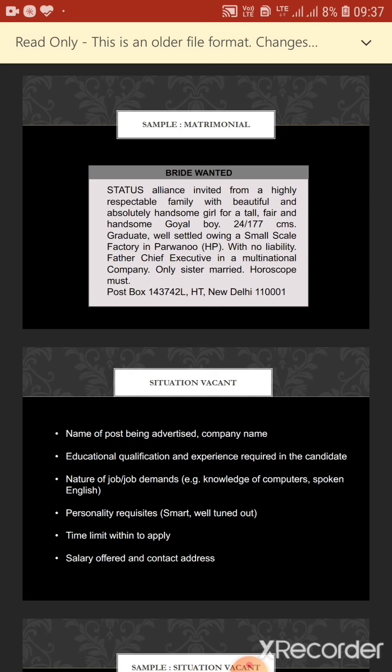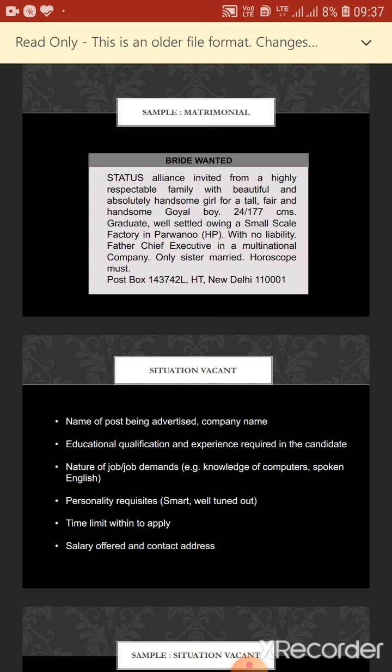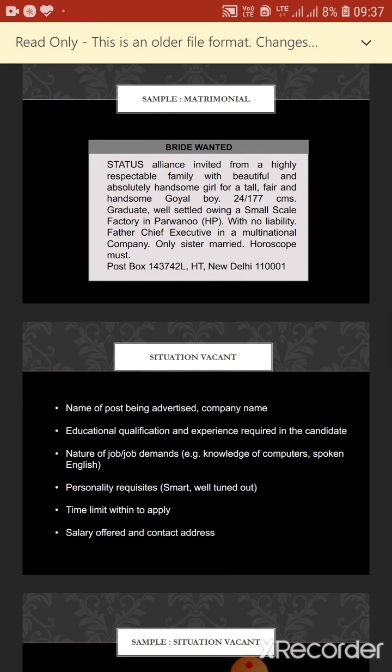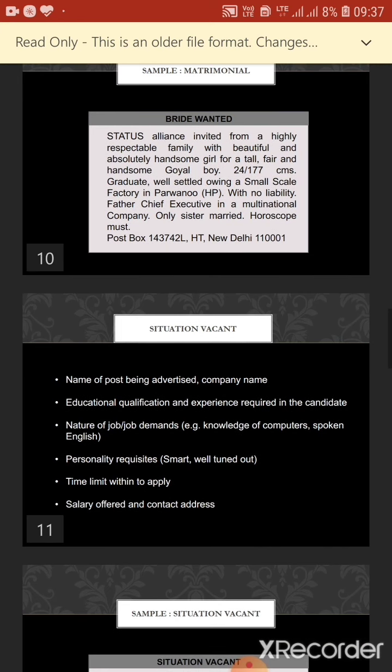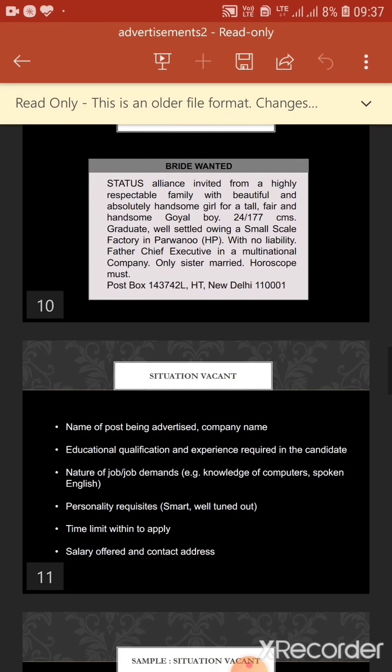So qualification is mentioned, and thereafter the profession, with no liability. Father chief executive in a multinational company, only sister married, horoscope must. These are additional things that have been added. Post box 143752, LHT, New Delhi 11001. So this is all about the matrimonials that we should write. These are the things that should be included in a matrimonial classified advertisement.